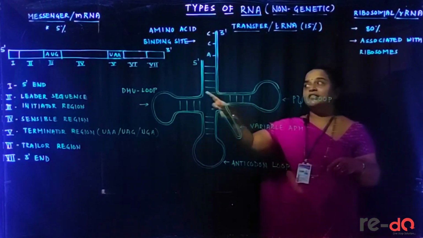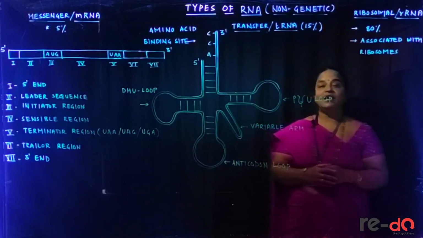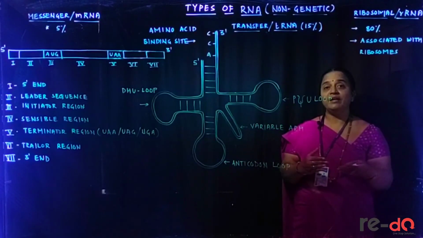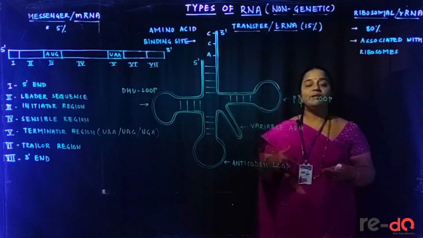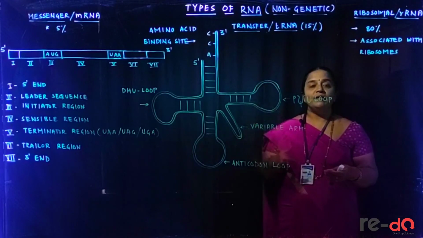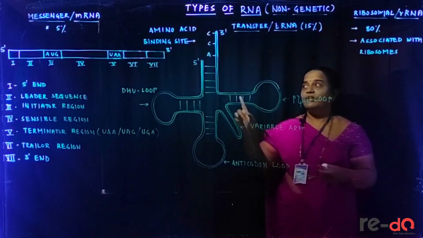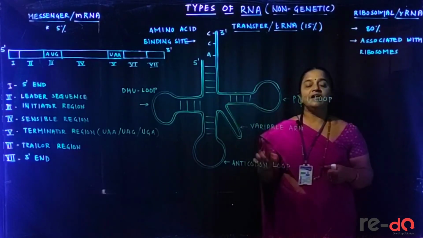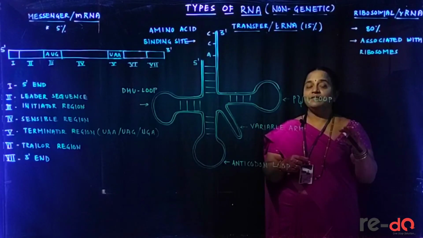For example, the initiator codon on mRNA is AUG. Then what will be the anticodon? I said complementary. A's complementary is U, U's complementary is A, and G's complementary is C. So what is the anticodon? UAC. So when AUG is exposed, tRNA with UAC will pick up methionine.